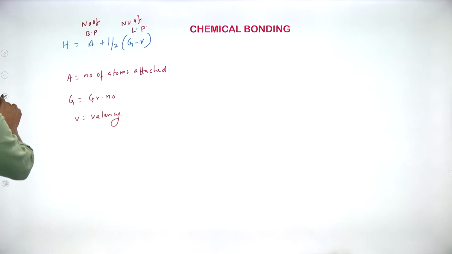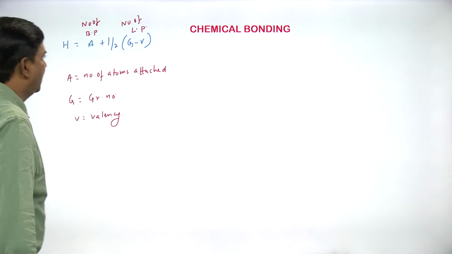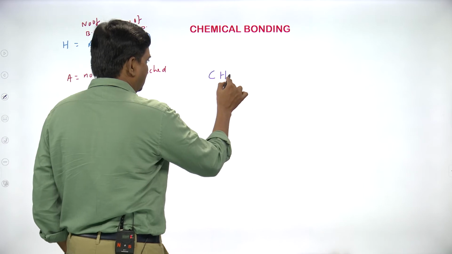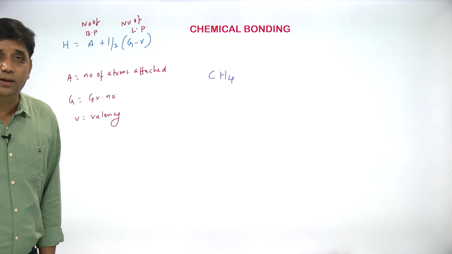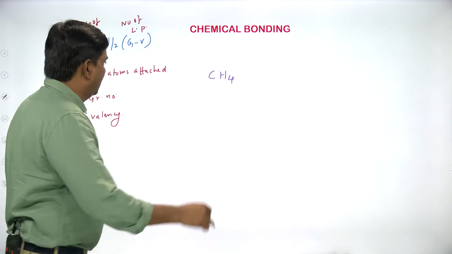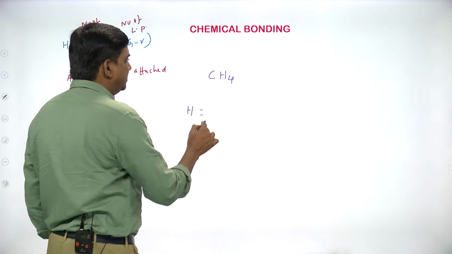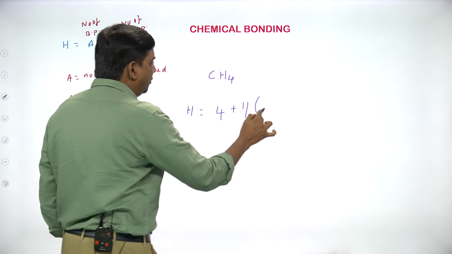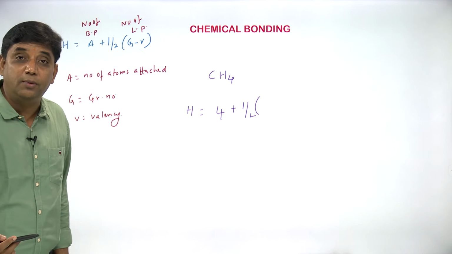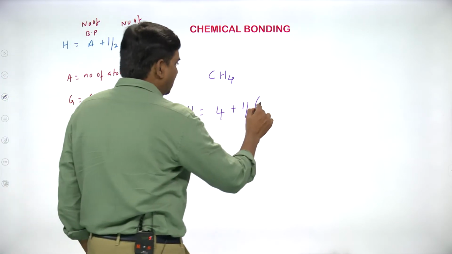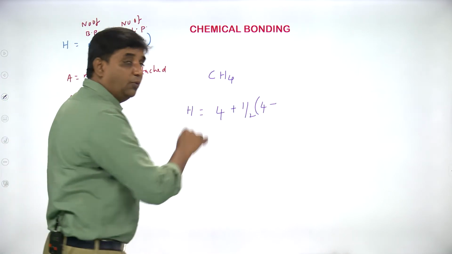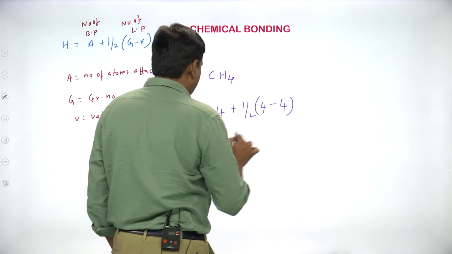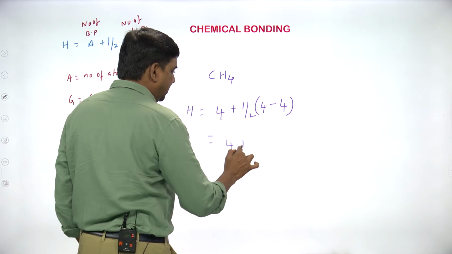For example, CH4. Let us find out the value for this one. Hybridization is equal to number of atoms attached, 4, plus half into the group number of carbon, which is 4. Since 4 hydrogen atoms are attached, valence is also 4. So 4 minus 4, that is 4 plus 0.